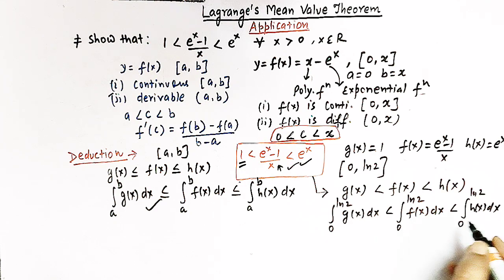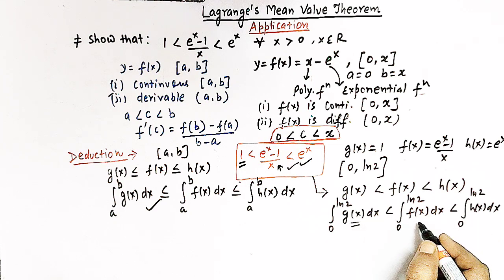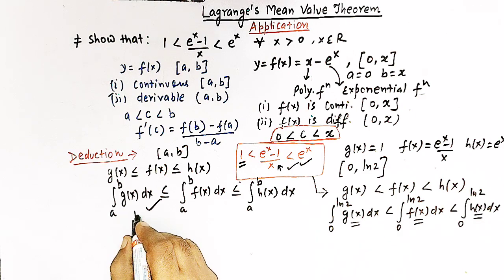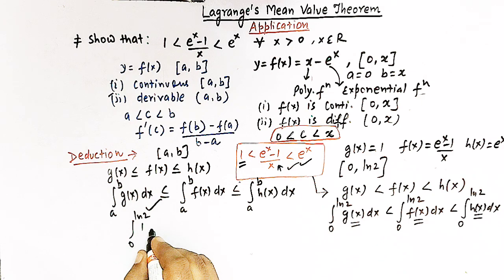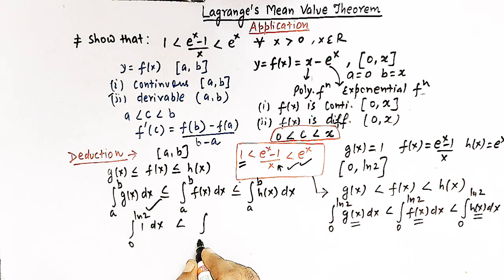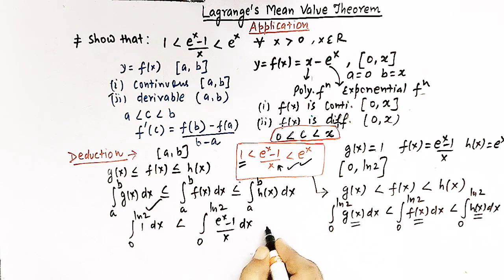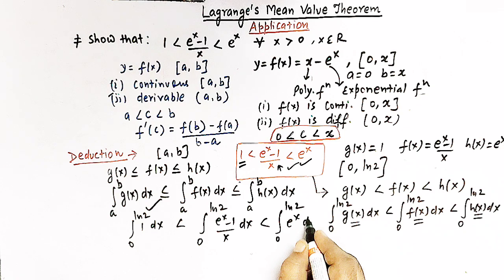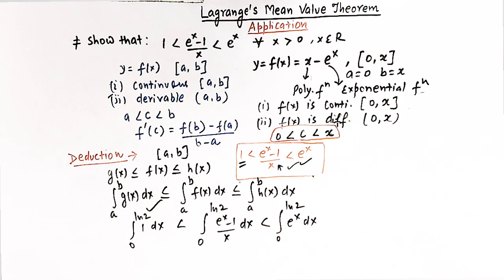So here substituting the values of g of x, f of x, and h of x, we have now 0 to natural log of 2, and g of x is 1, and then we have 0 to log of 2, and f of x is e raised to x minus 1 over x dx, and here we have 0 to natural log of 2, and h of x is e raised to x dx. So now let us call this integral as I, right?